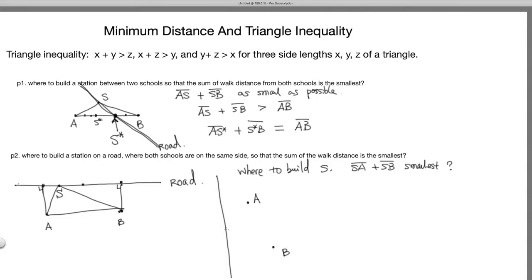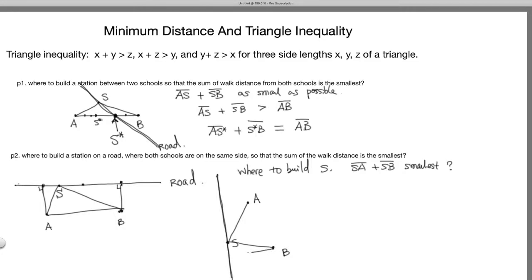And I want to find a somewhere S so that AS plus SB is the smallest. We're going to be using something called a reflection principle. Basically what it means is I'm going to take this one as a symmetric line and I'm going to find a reflection of B along this symmetric line.